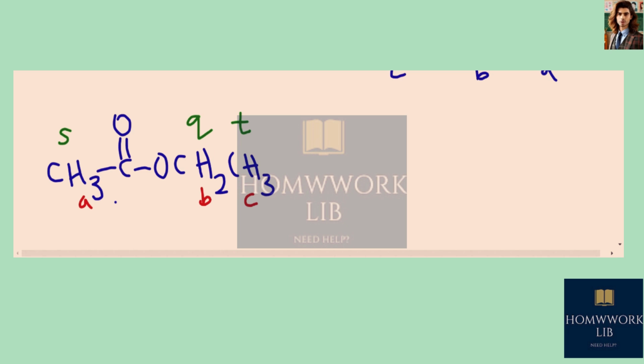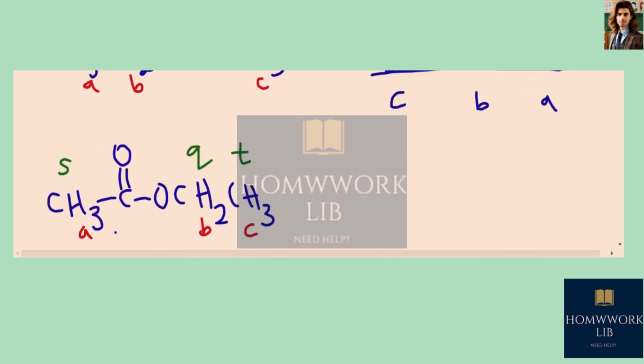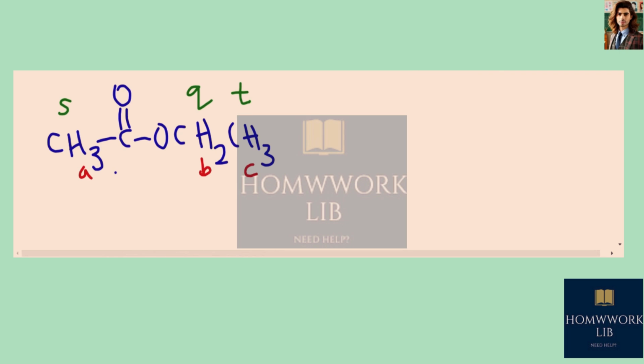So we have again a singlet, a quartet, and a triplet, but their relative positions will be different. In this case, the quartet is going to be the most downfield signal because that is adjacent to the oxygen.